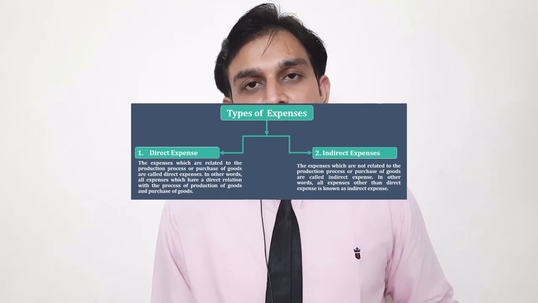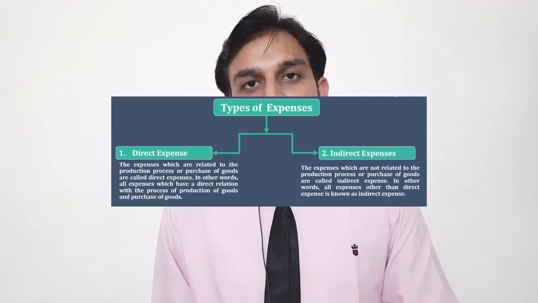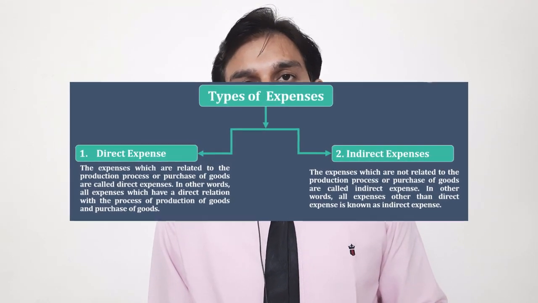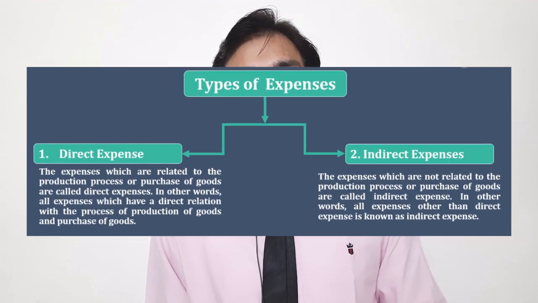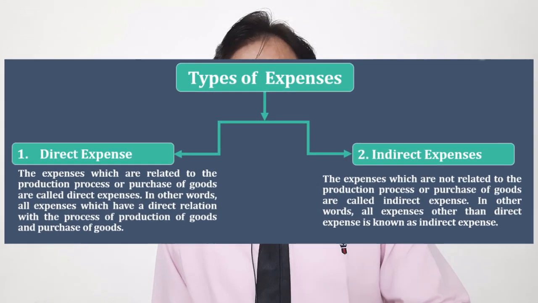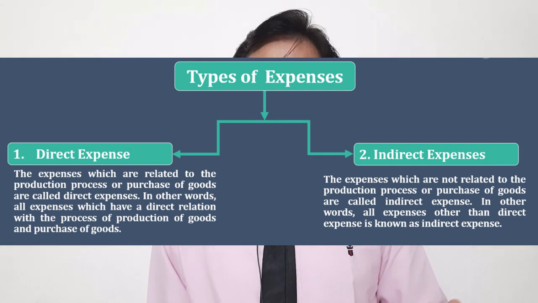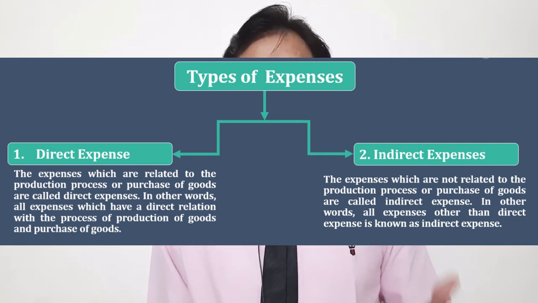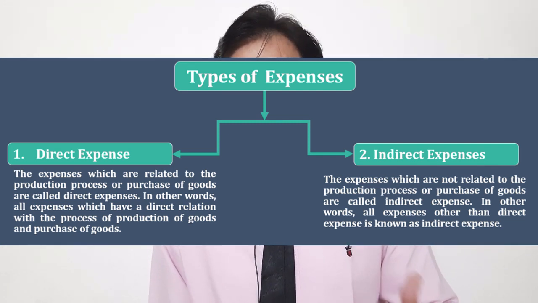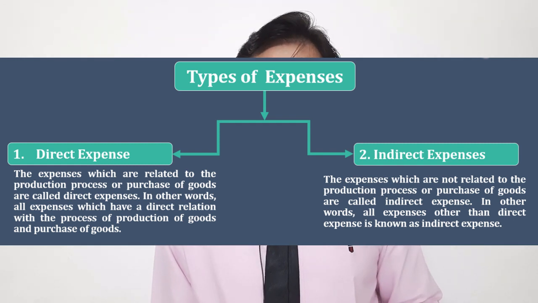If I summarize whatever I have explained right now, in a business transaction I have purchases, I have sales, and I have expenses that are directly related to the production or processing of the material, and I have some other expenses also. The expenses that are directly linked to converting goods into finished goods in order to sell them are called direct expenses, and all the other expenses that are not directly linked to production or processing are called indirect expenses.